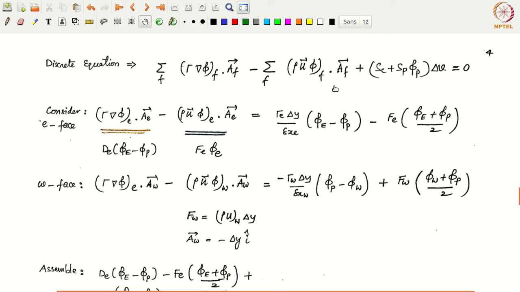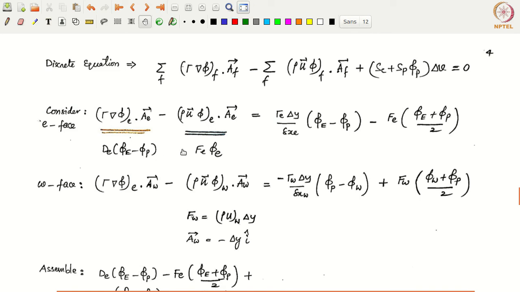All right, now let us consider only the east face, and also only these two terms, the diffusion and the convection. So these two would read as gamma grad phi E dot Ae bar minus rho u bar phi e dot Ae bar, right? We have written the diffusion using the linear profile assumption as dE times phi east minus phi P, and the convection as Fe times phi e.